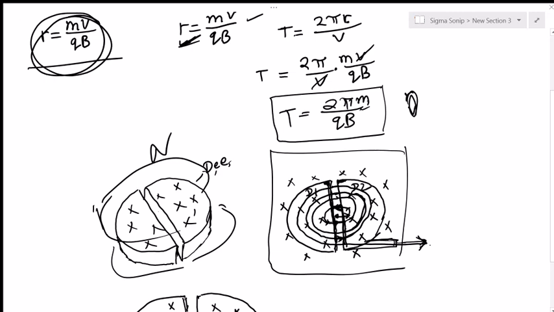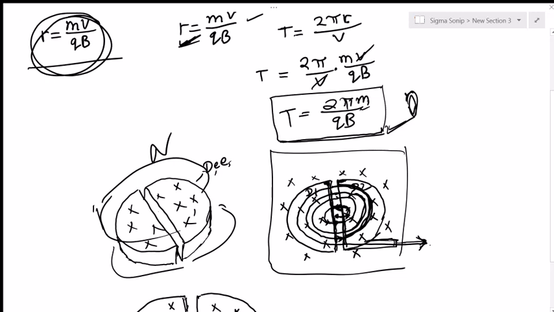What is happening is, when the particle goes in a bigger radius, its velocity also increases by exactly the same ratio, so that the time taken is constant. Here the particle goes in a small radius, but the velocity is small. Here the particle goes in a bigger radius, but the velocity is also higher. So the time it takes is essentially the same.